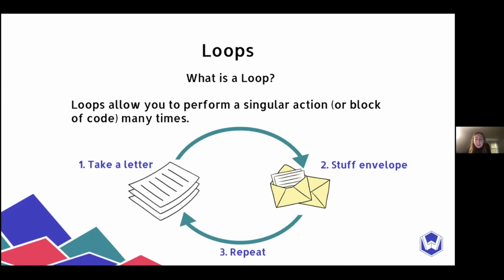You have a stack of letters that each need to be stuffed into an envelope. And you want to perform the singular action many times on each letter in the pile. You want to do this until that pile is empty. So in this kind of loop, the condition is that we want to loop until it's empty. We want to take a letter, stuff the envelope, and repeat until the pile is empty.